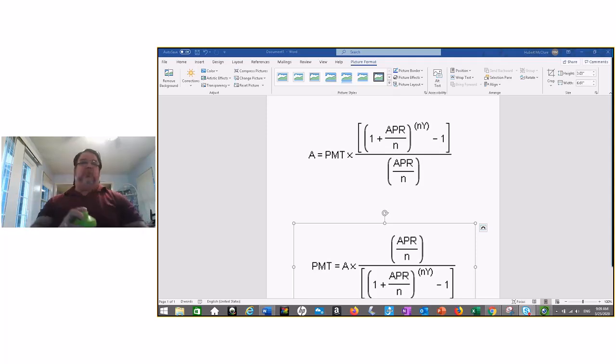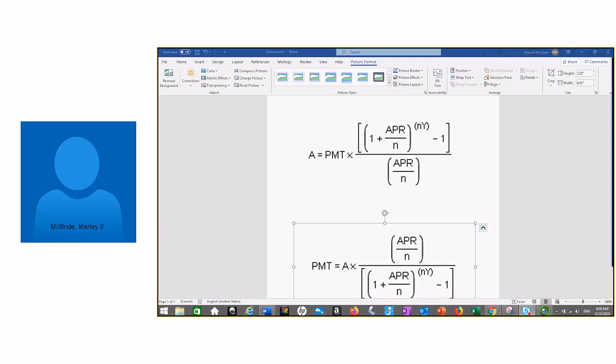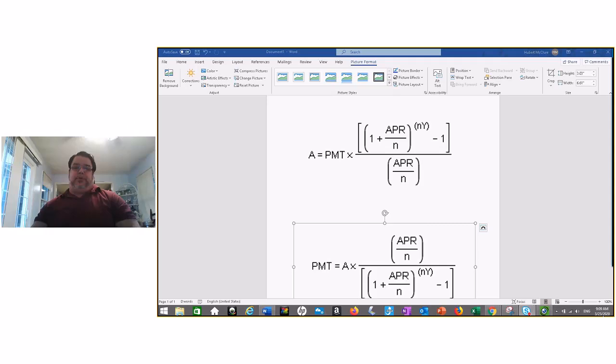Could you scroll up a little on the Word document? Yeah. And I have to go back and forth.